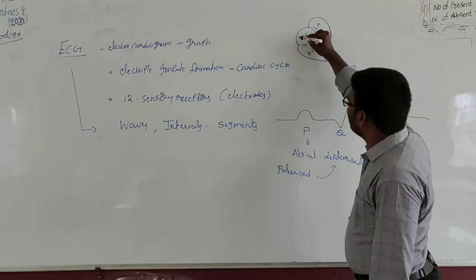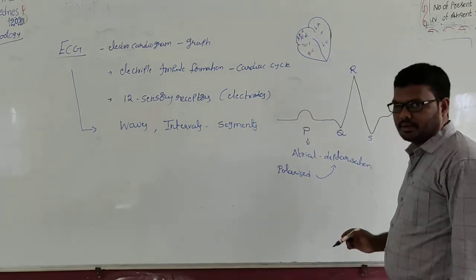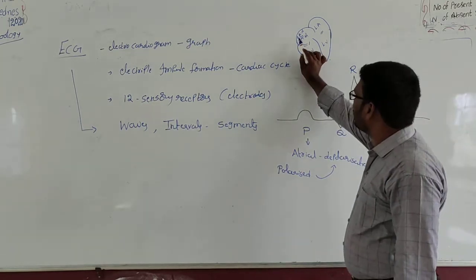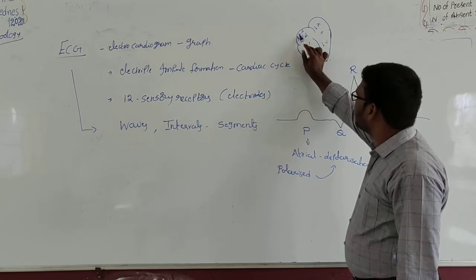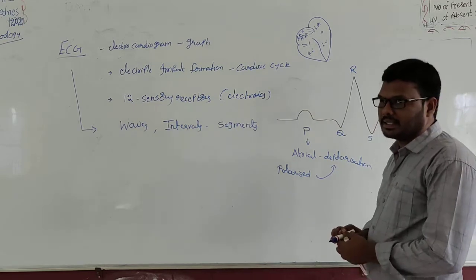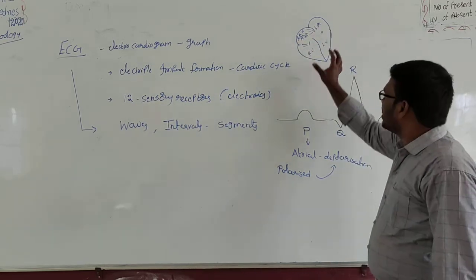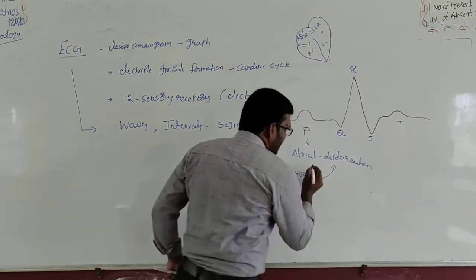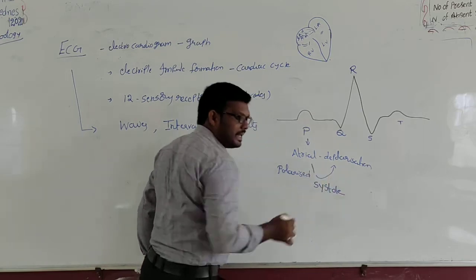On the superior side there is a sinoatrial node. It is an auto pacemaker. When the sinoatrial node contracts, at that time this impulse enters the respective auricles. At that time both the atria will be contracted. That is called atrial systole.